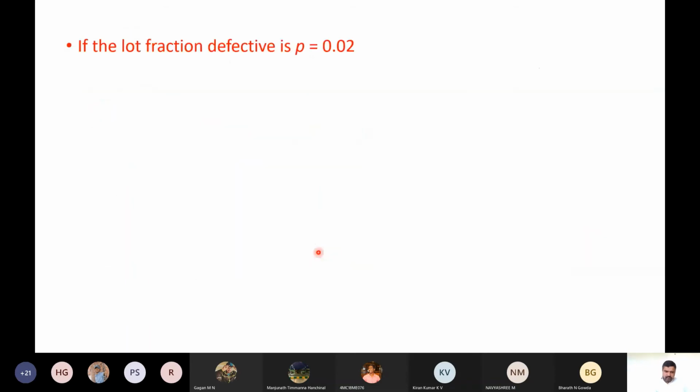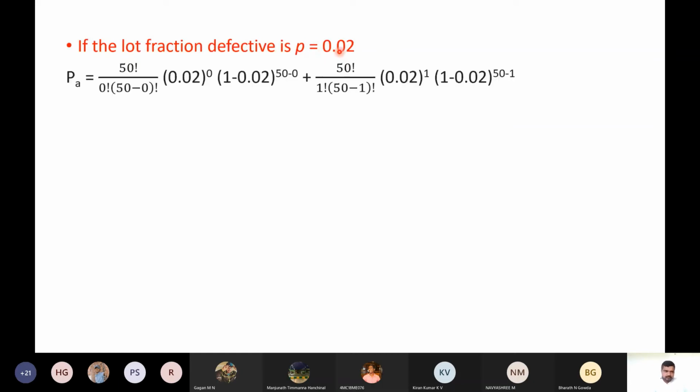Similarly, next consider 2% defective, that is 0.02. Same thing: instead of p as 0.01 for the previous one, here you substitute 0.02, and 1 minus p is also 1 minus 0.02. Here also, first you consider the probability of getting 0 defectives plus the probability of getting 1 defective.